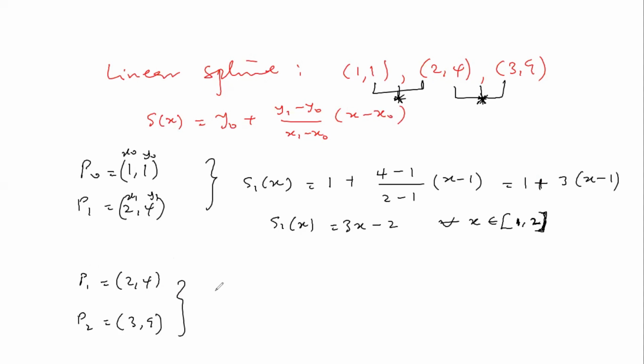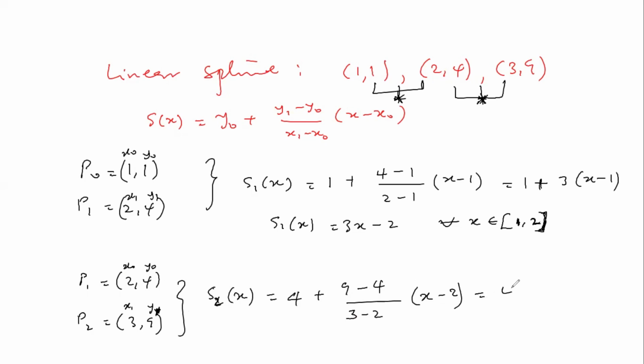And here, we also know that S2(x) will now be the same as y0, which is 4, plus (y1 minus y0), that is 9 minus 4, divided by 3 minus 2, times (x minus x0). x0 in this case is 2.